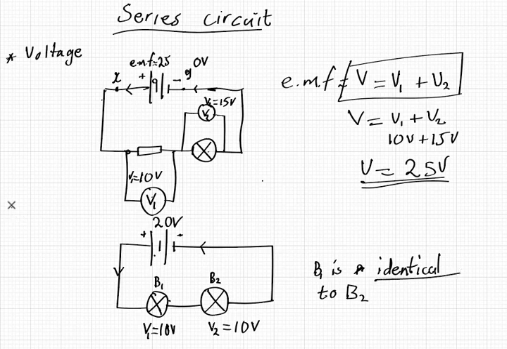So once again, you see that if you are given the value of EMF, you can predict or determine the voltage across the components in a series circuit, as we have determined earlier.